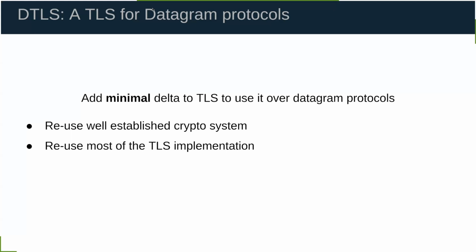The first one is that we reuse a well-established crypto system that has already been used for years, so it can be trusted a little bit more because it was tested in the field for some years. And then, of course, because we add just a minimal delta, we can reuse most of the TLS implementation. So the cost of providing a new DTLS implementation is small compared to creating a new protocol from scratch.